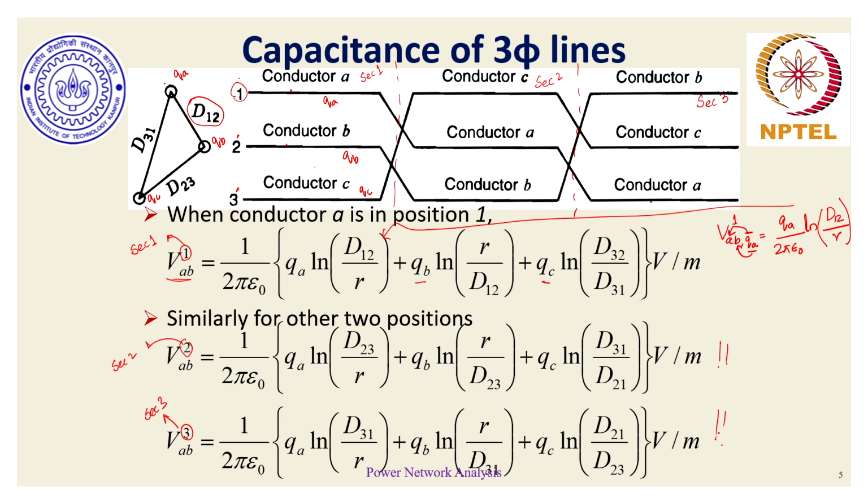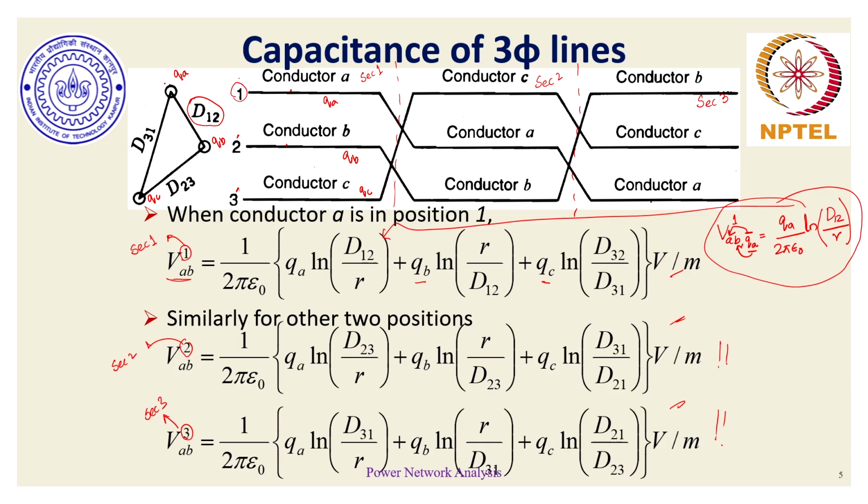I'm sure these expressions would take time to digest, but the way I explained the potential difference expression with respect to QA in section number 1, if the same logic is applied, I'm sure you can easily verify or cross-check the other terms written in this particular slide.